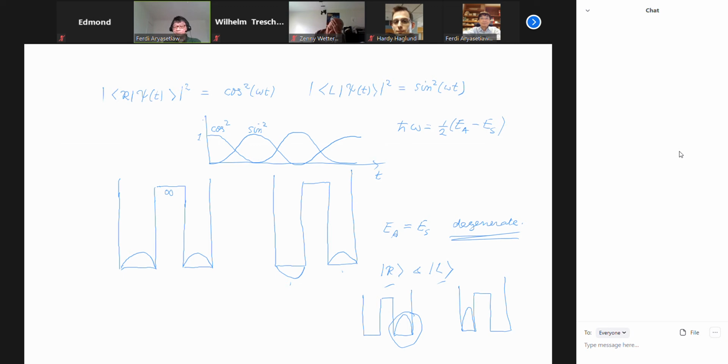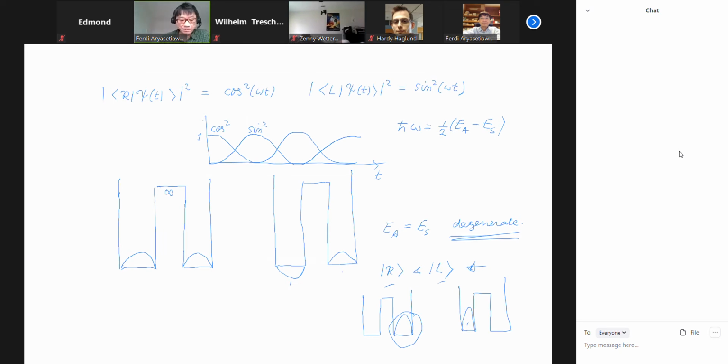And the same if we put the particle on the left. So there is this sort of broken symmetry solution corresponding to these right and left solutions. So the ground state then does not need to have a well-defined parity.